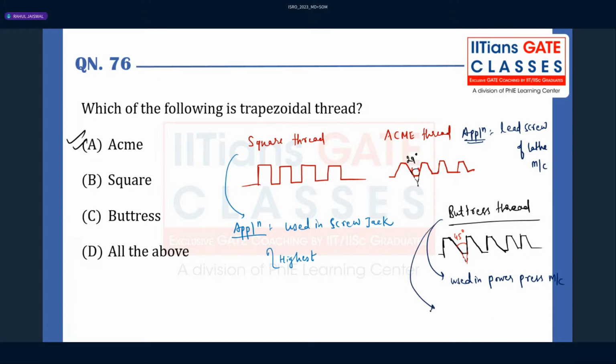One more special thing, it can transfer power only in one direction. But when you compare buttress and Acme thread, in Acme thread we can transfer the power in both directions, in either direction. So these are the applications and a few more points related to types of threads.